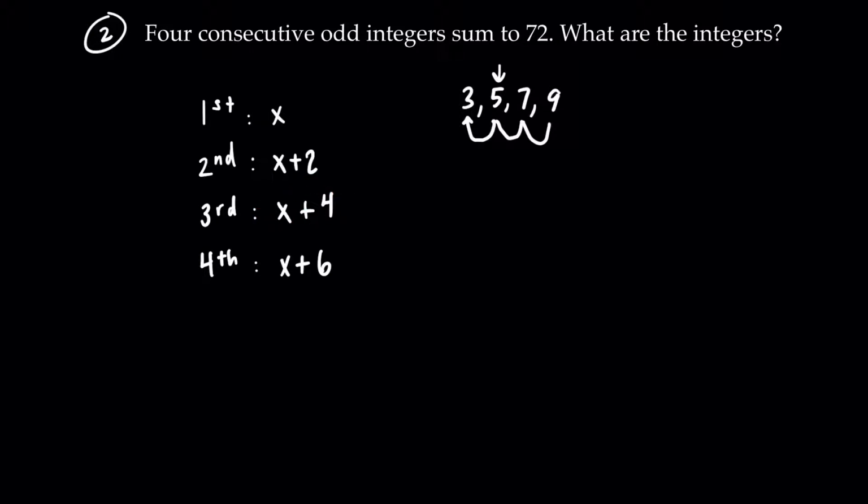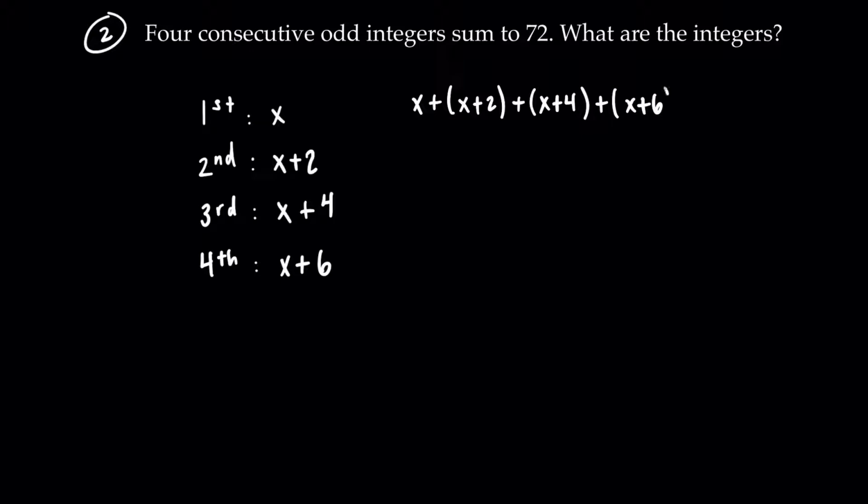And now we're just going to approach it the exact same as we did the last problem. We're just going to add up all of our integers and set it equal to 72. So x is our first one, x plus 2 is our second one, x plus 4 is our third one, and then x plus 6 is our fourth one. Apparently all these together must be 72.